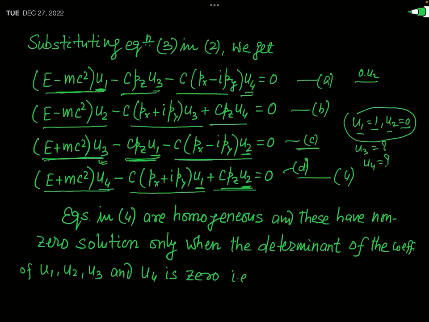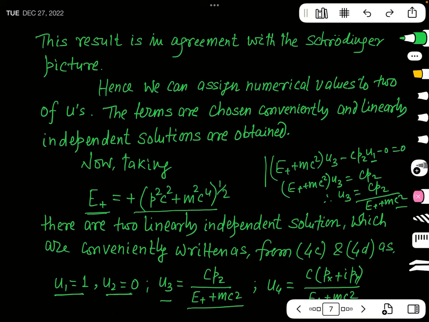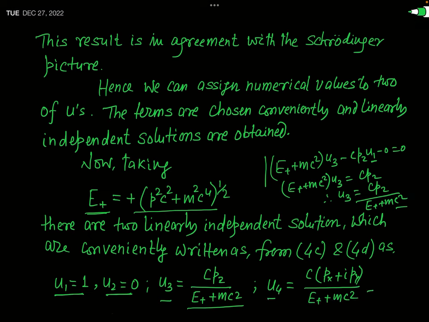So from here you can easily find the value of u4. u4 will be simply equal to c times px plus ipy divided by e plus mc square.